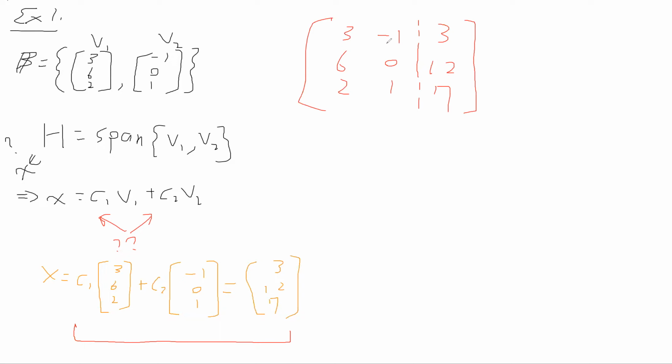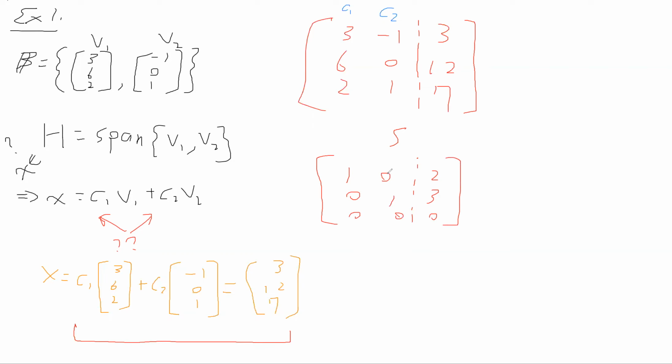Keep in mind that the first column represents c1 and the second is c2. Now if you reduce this to reduced row echelon form, you will get 1, 0, 2, then 0, 1, 3, and a row of zeros down here.